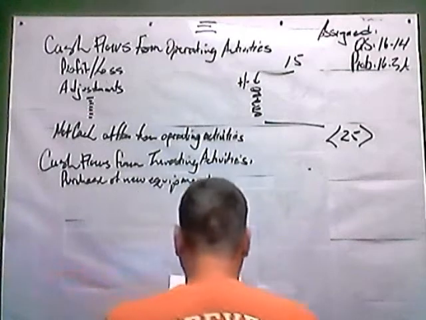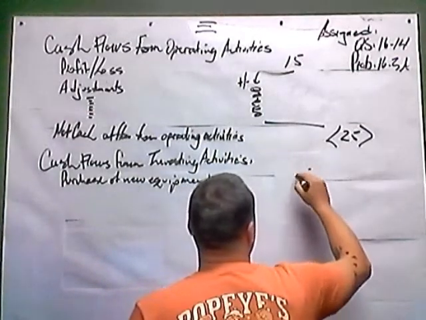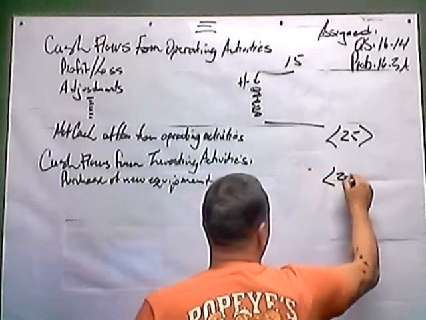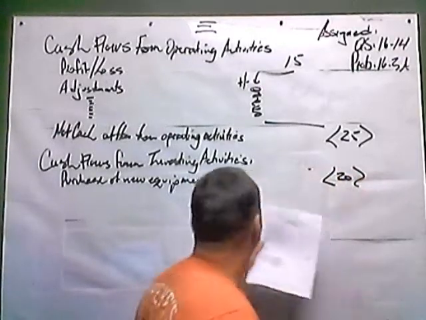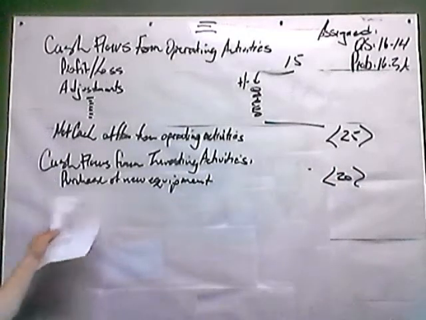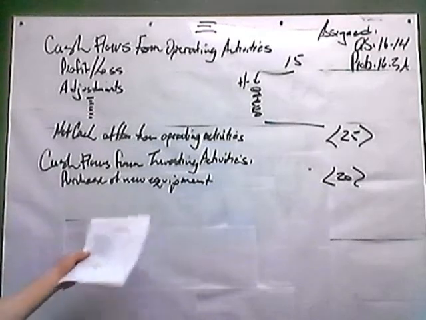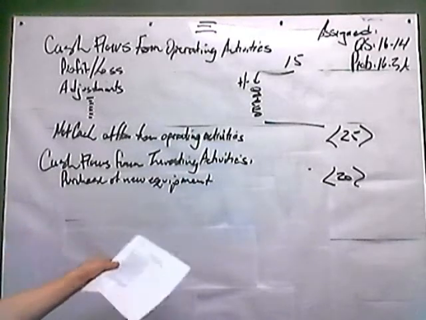So that was a net outflow of 20. If there's only one item, you don't have to put net cash. Then just repeat and put net cash outflow from investing activities. Again, there's only one, so that makes no sense.